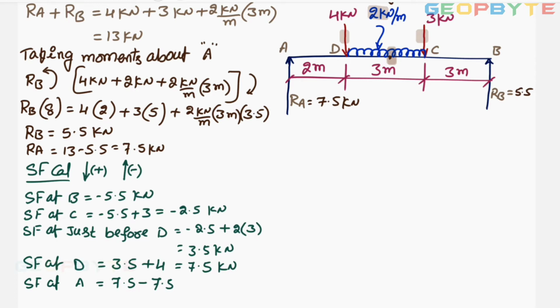Upward force is taken as negative. Look at the sign representation. Upward force is negative. Downward force is positive. So 7.5 minus 7.5 is equal to 0. Definitely you should get the shear force value at A is 0.